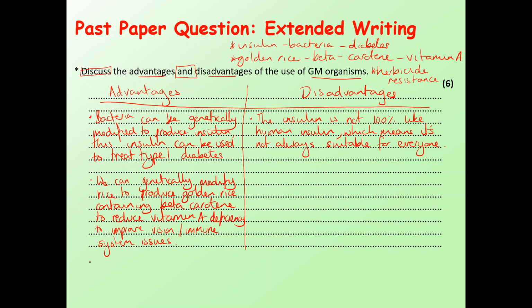Okay, another advantage we can talk about in terms of crops and genetically modifying crops. We can genetically modify crops to be herbicide resistant.